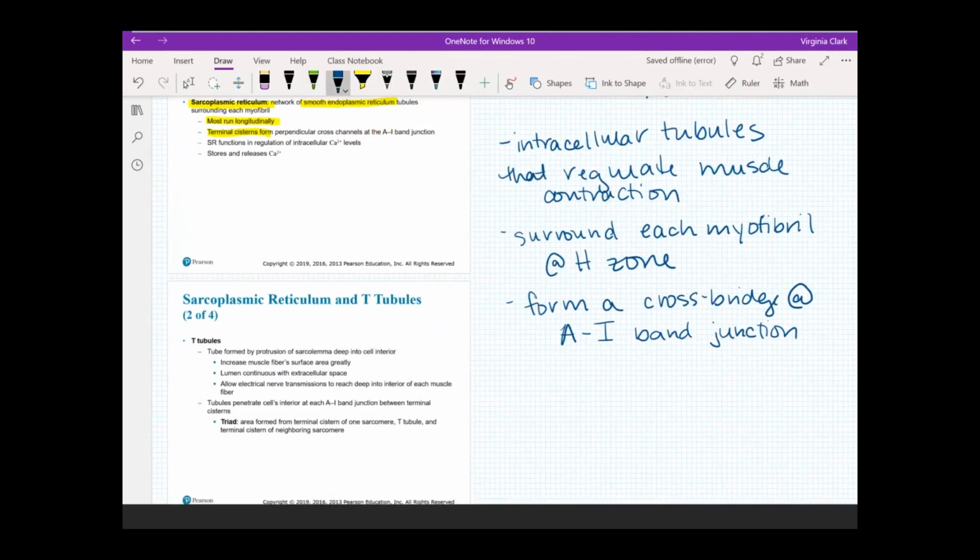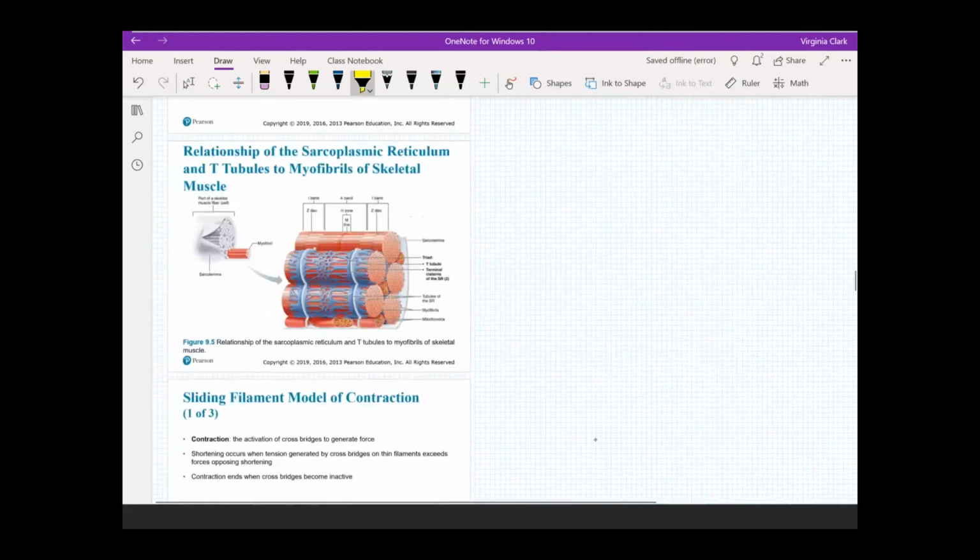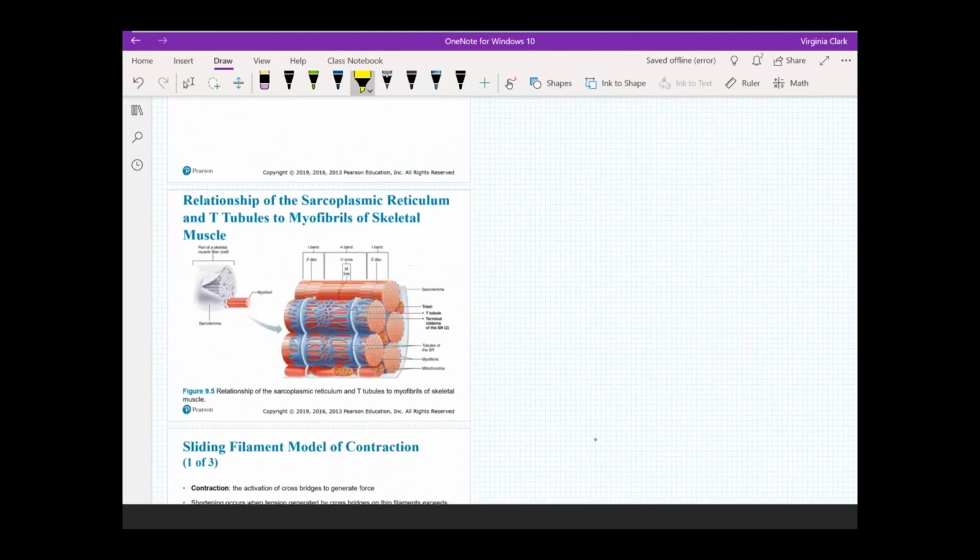So whenever we have all the way down our muscle fiber, we're going to have the striations of the dark band and the light band that looks like this. What you're going to have is your T tubule. Let's see if we have a picture. Yeah, here's our I band and here's our A band. Our T tubule is actually going to be going down that section.